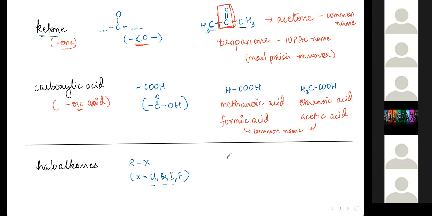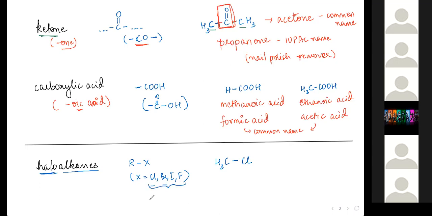The simplest member is again a single carbon atom. Attach it to a halogen. Let's take chlorine because that's pretty common. Fill it with hydrogen. The name follows this format only. The halo part refers to which halogen we are using.